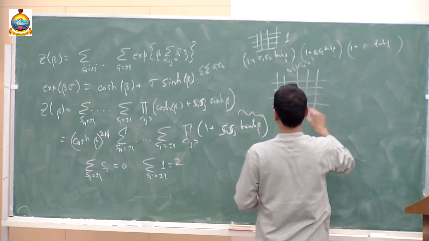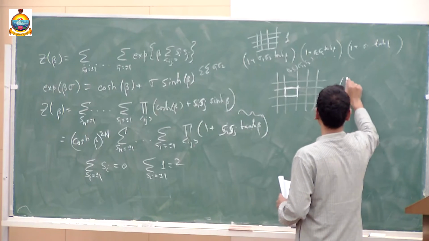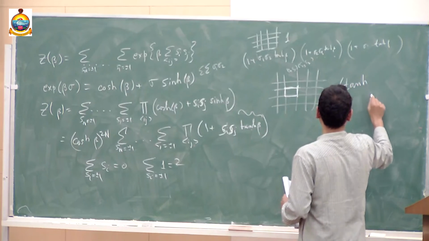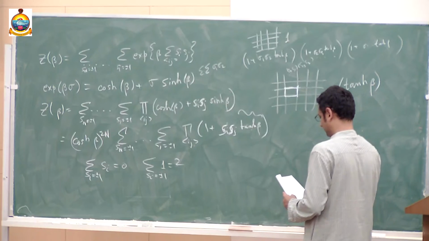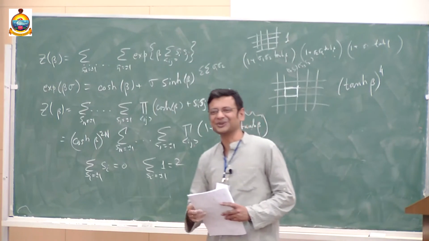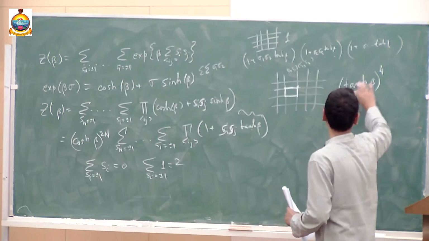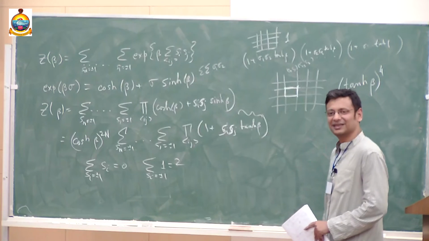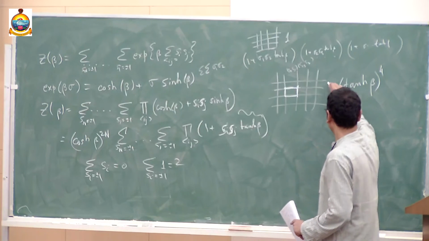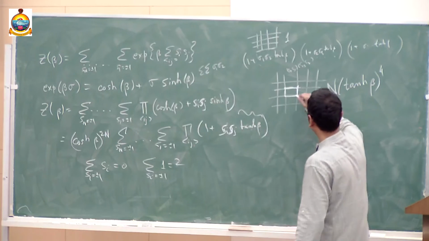Then this guy, how many factors of tanh beta does it contribute? Yeah, 4. A bit louder. If you speak so softly, nobody will be able to hear you, right? So this thing, what is the degeneracy?